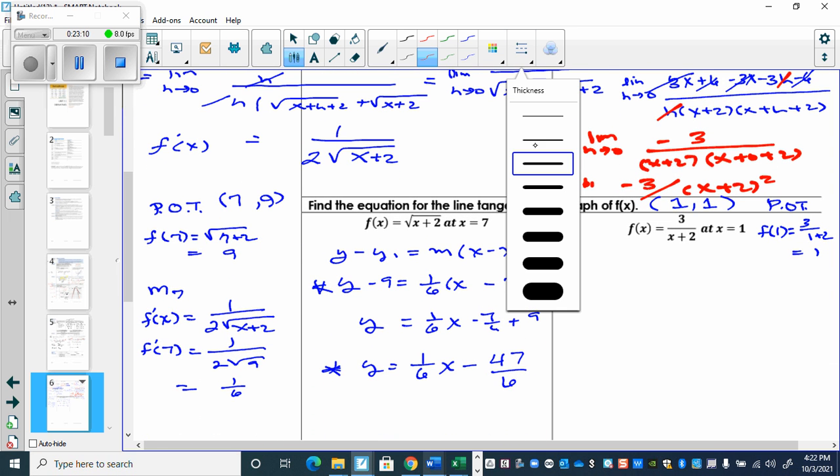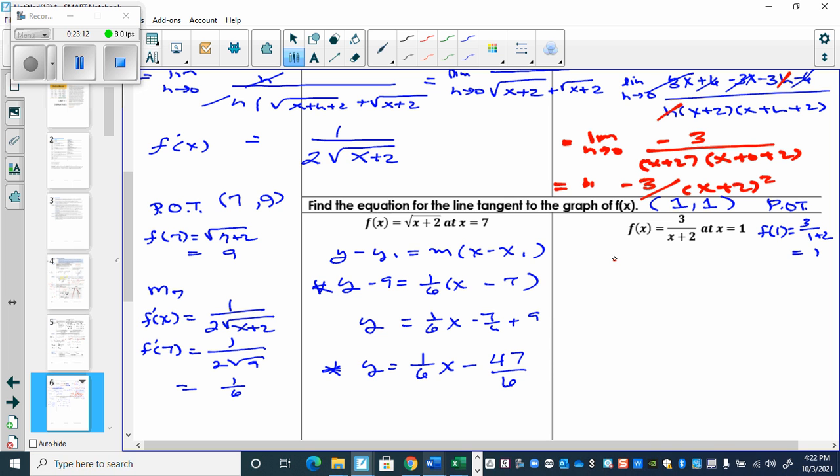Now that I have that derivative, I can go ahead and focus on finding that slope at 1. So f prime of 1 would be negative 3 over x plus 2, this group squared, or negative 3 over 1 plus 2 squared, which would be negative 3 over 9, and it simplifies to negative 1/3.